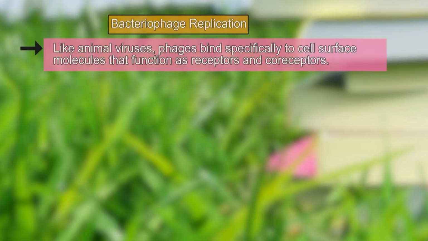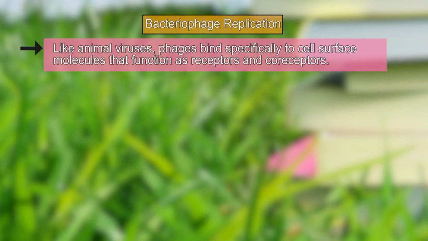Having described the attachment, entry, uncoating of animal viruses, now let us shift our attention to the bacteriophages. Now we know that bacteriophages are phages or viruses that infect bacteria. Like animal viruses, bacteriophages also bind to specific receptors and co-receptors, and the interactions are highly specific.